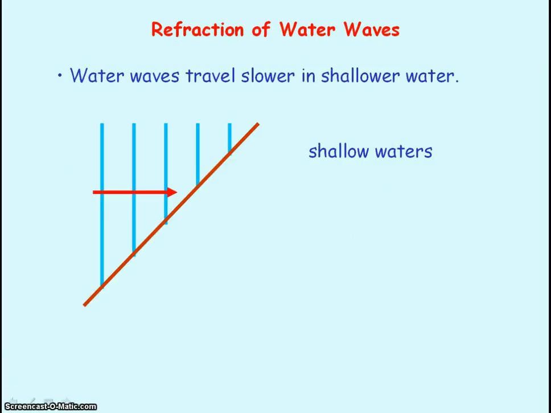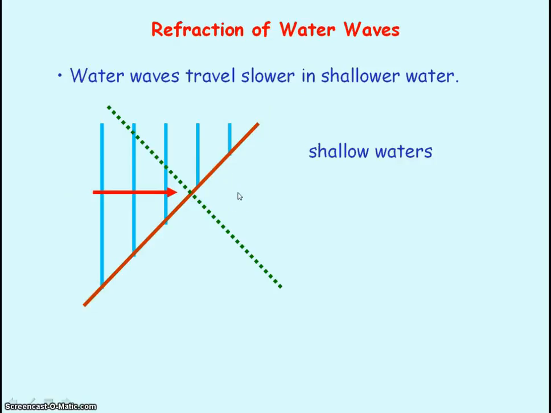So in this example, we've got water wavefronts, and we're going from deep water to shallow water. And so in order to determine the direction of the refraction of the water waves, we will need to draw a normal line relative to the change in depth of the water.